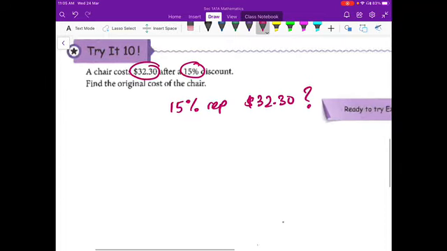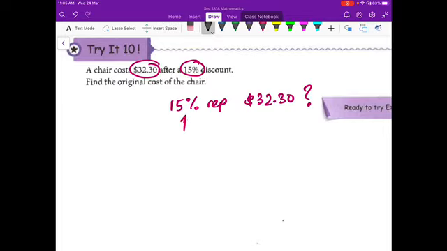What is this 15% supposed to be? It is the discount, right? What about this one? Is this the discount? No, this is the amount that she paid after discount. So you cannot say that they represent each other.